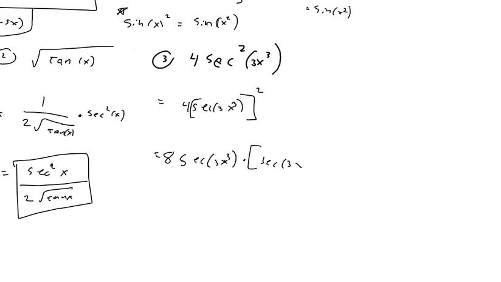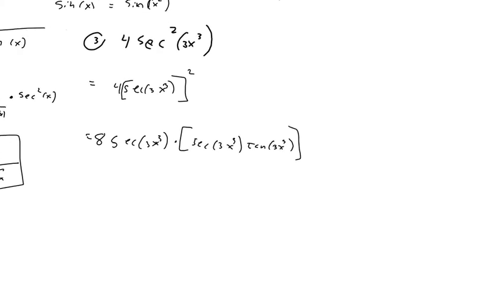Our two secants multiply together to make a secant squared, tangent is there, then the x squared goes in front, putting all the pieces together. That would be our derivative for that one.